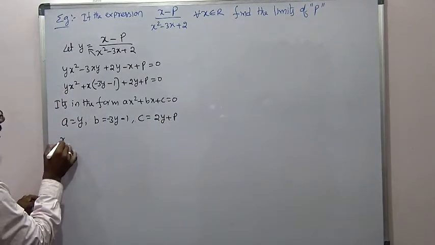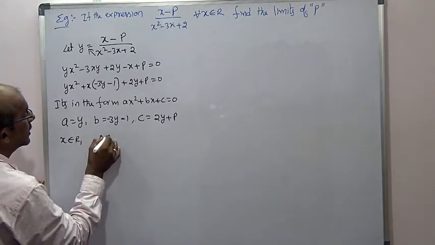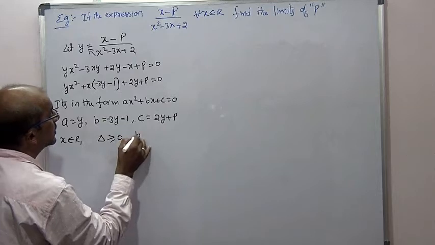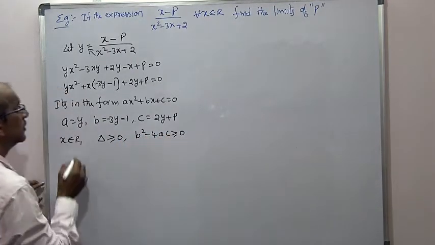Now, x belongs to real, so delta is greater than or equal to 0, that is b² − 4ac ≥ 0.